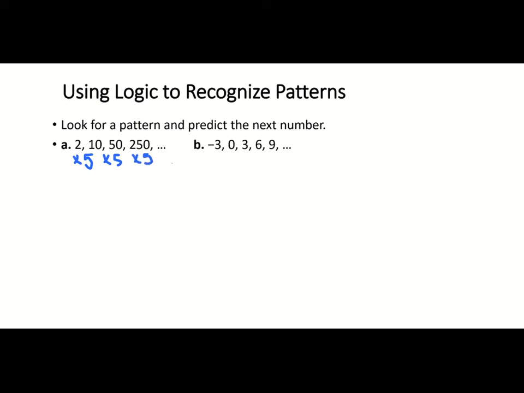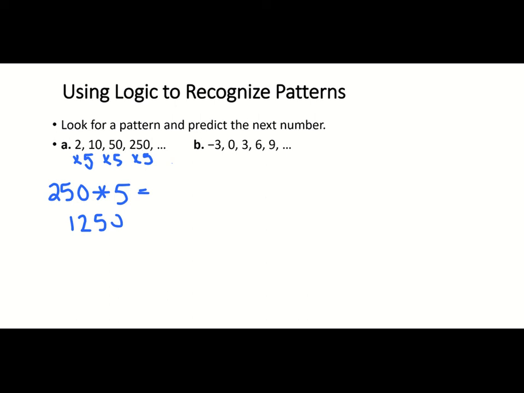So now, if we do 250 times 5, we are going to end up with 1,250, and that would be the next number in the pattern. So here is the pattern that I determined. It's increasing, or it's being multiplied by 5 each time.